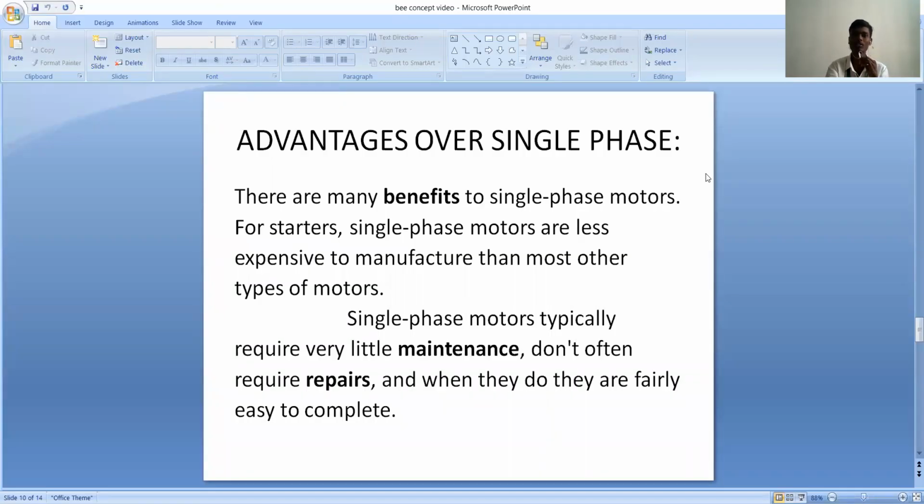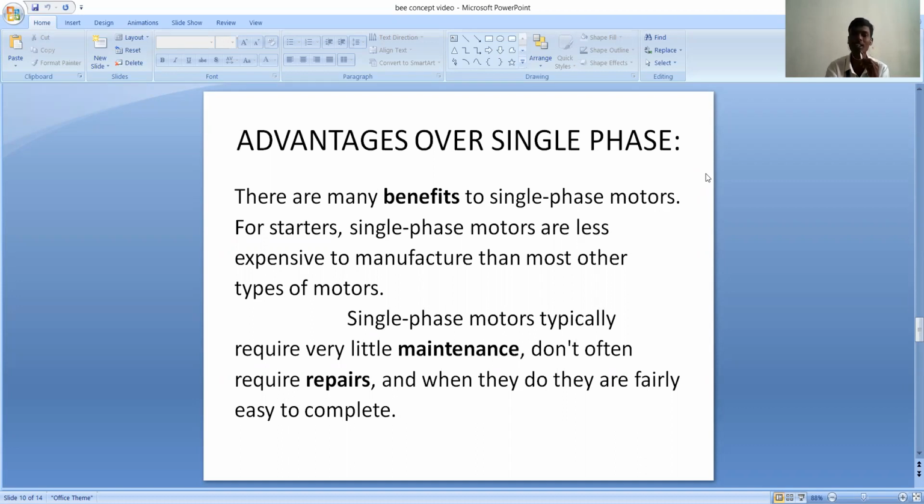There are many benefits to single phase motors. For starters, there are two parts in the single phase, the stator and the rotor. Stator means stationary object. Single phase motors are less expensive to manufacture than most other types of motors.